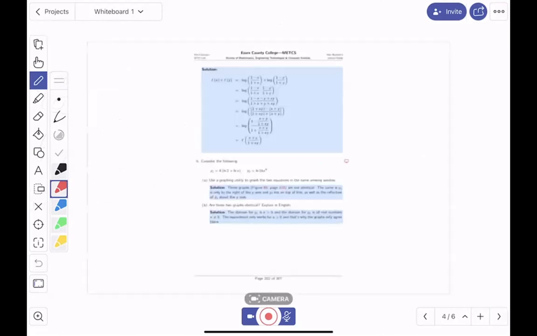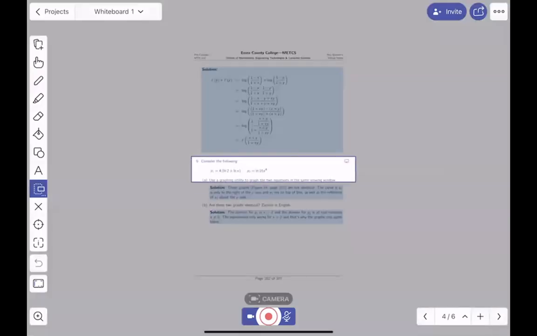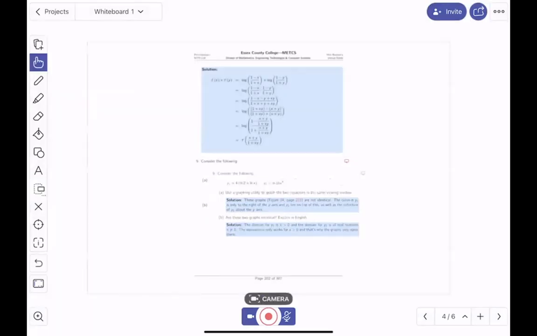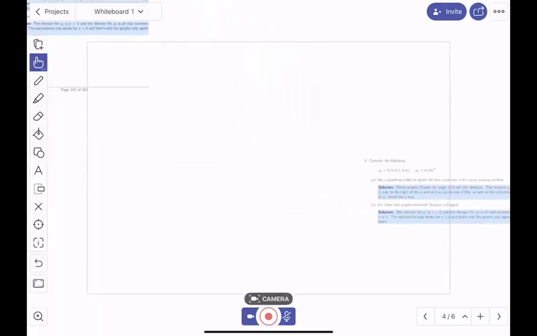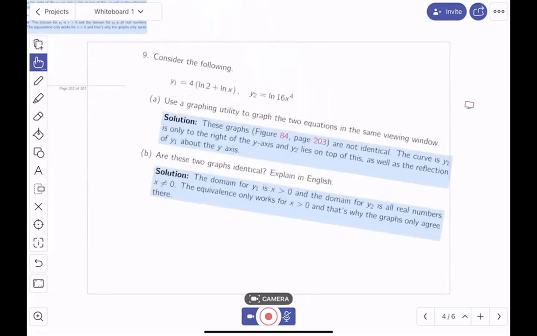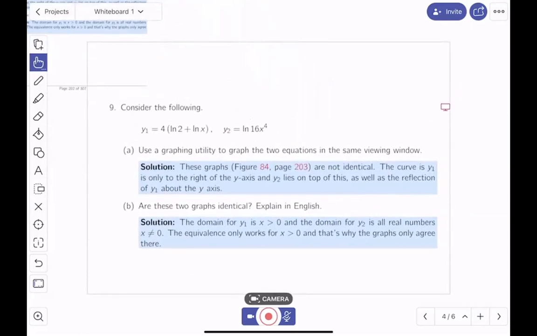Let's go to the next one. And the next one's number 9. Again, the work there is for number 8, by the way. Let's see, number 9. Now, a lot of students look at these and wonder what they want me to do with this.